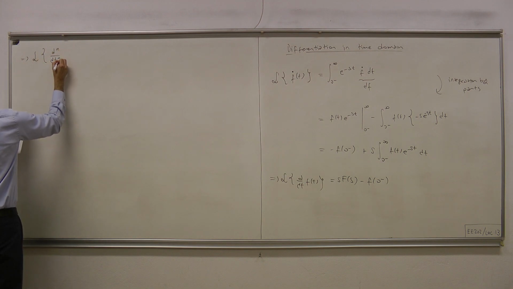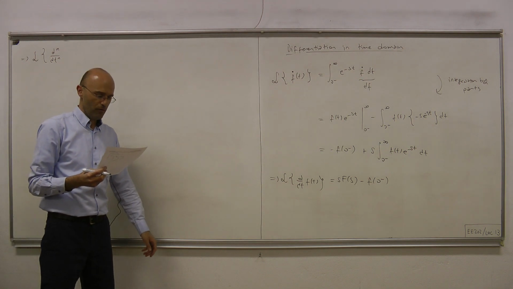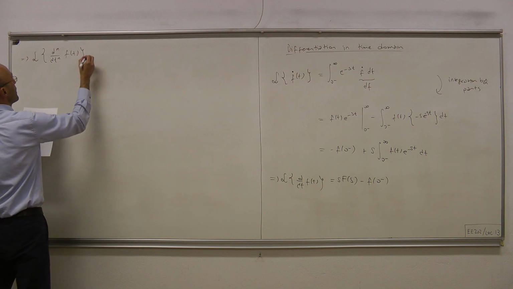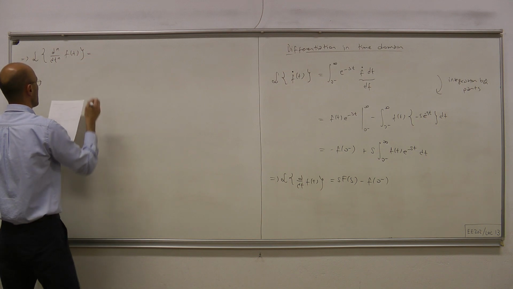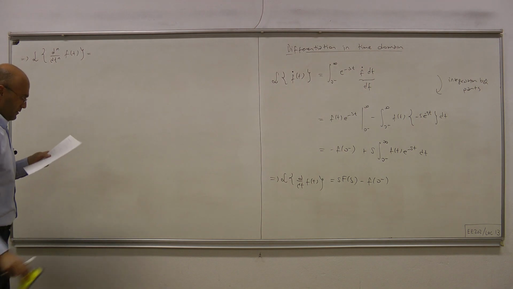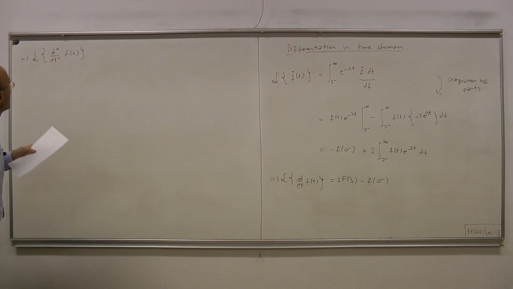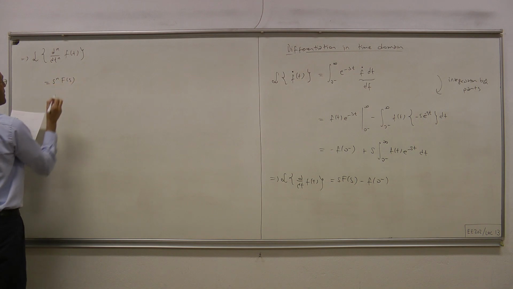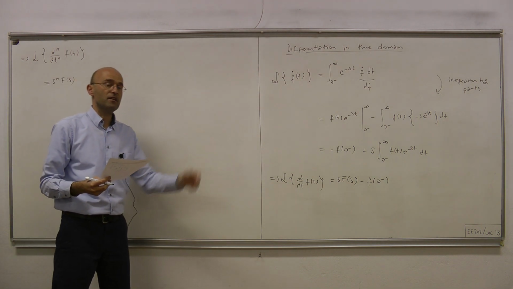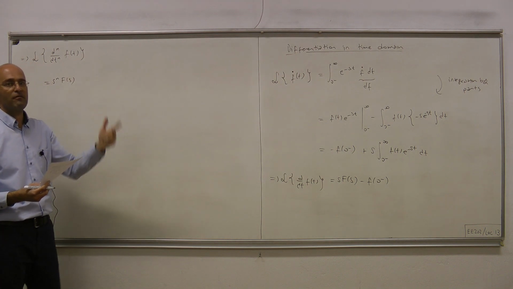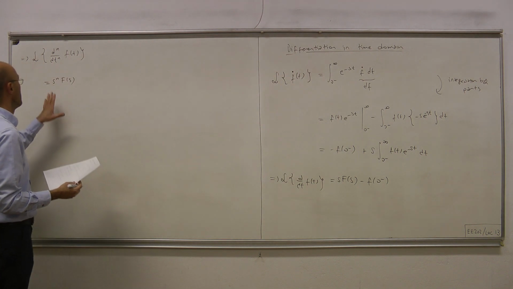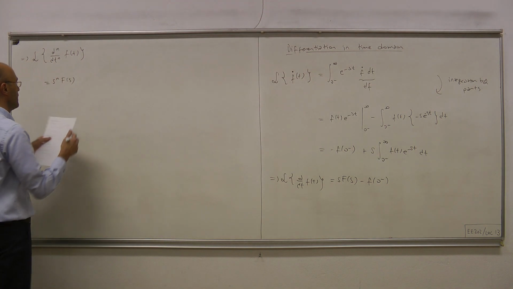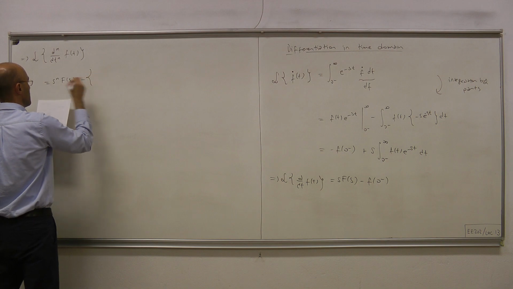This is the nth time derivative of f of t, d n over dt n, equals s to the n times F of s if all the derivatives f of 0, f dot 0, f double dot 0, and so on are 0. But if those derivatives, at least some of them, are not 0, then we have to be careful. And this is the general expression.